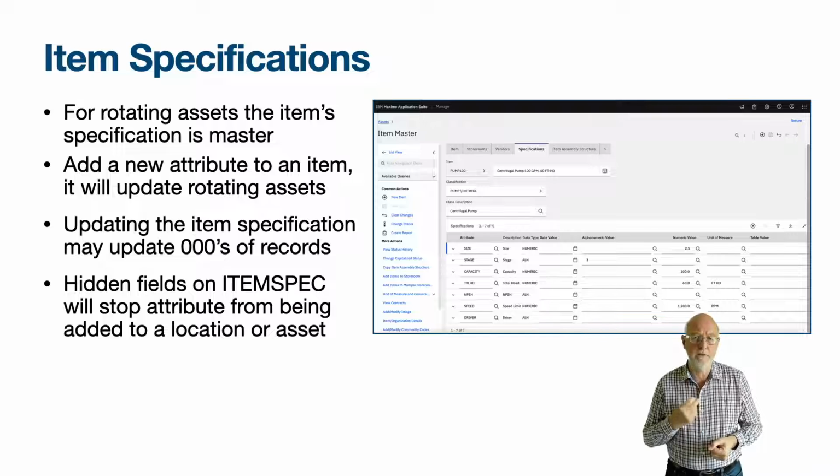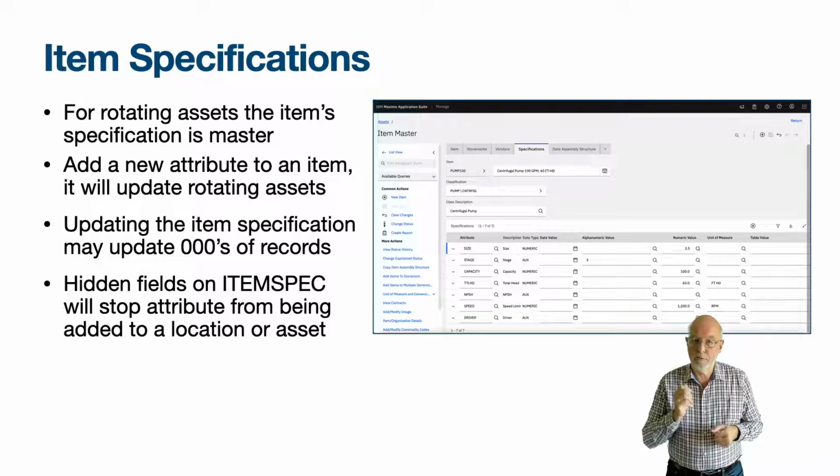Therefore, if some item specification attributes are not relevant to an asset, then change all asset specs use value to 0. Similarly, set all location specs use value to 0 if an attribute is not relevant to a location specification. Have both attributes set to 0 if the attribute is only useful for procurement or inventory purposes.